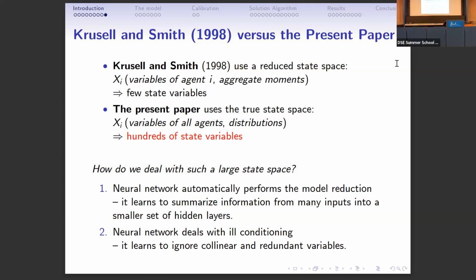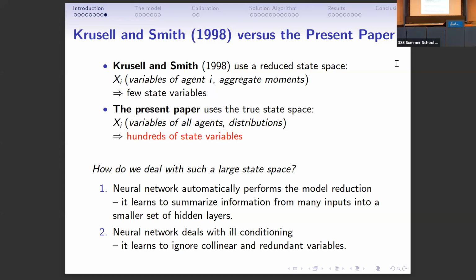And so in this model, we use in the state space of the decision function of agent i the variables of all agents, not the distribution. And so if you have hundreds of agents, you will have hundreds of state variables.